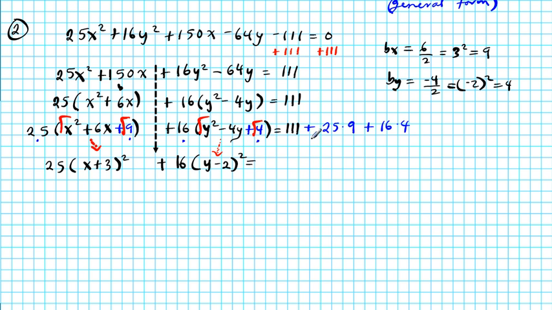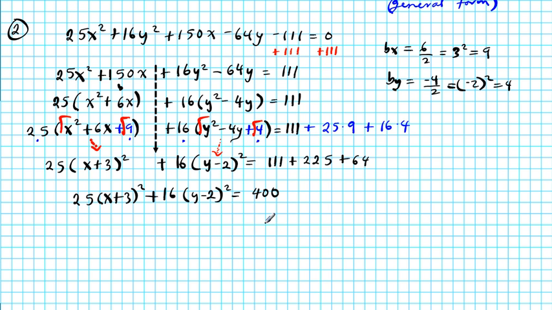And then when I add all this, I'm going to have 111 plus 225 plus 64. Okay? And then we're going to have 25 times x plus 3 squared plus 16 times y minus 2 squared equals, and if you add all this together, equals 400.